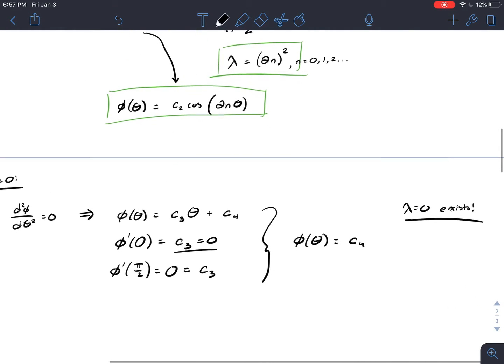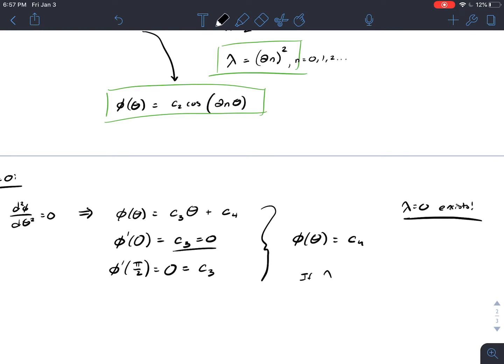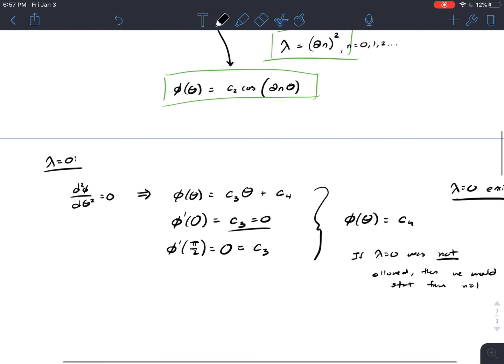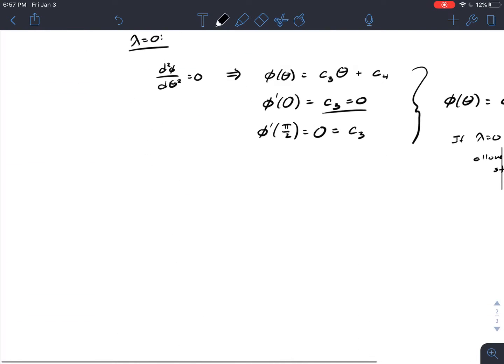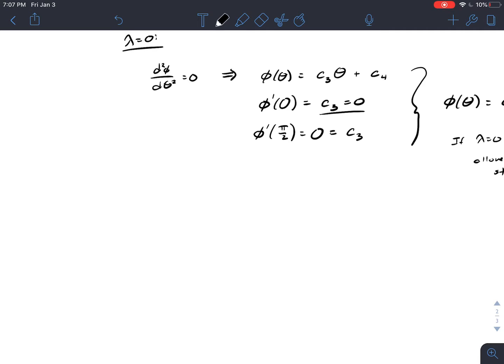If lambda equals 0 was not allowed, then we would start from n equals 1. But since it is allowed, we start from n equals 0. Cool. Alright, so let's take a look at the case for when lambda is less than 0.